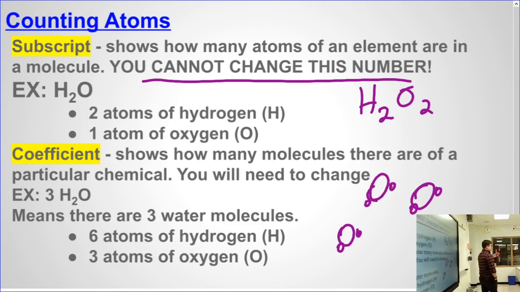You can increase the number of molecules which you have. So all you have to do is multiply those numbers. 3 times 2 would give you 6 hydrogens total. 3 times 1 would give you 3 oxygens in total. Okay? You can't change subscripts, you can change the coefficients. Good here?